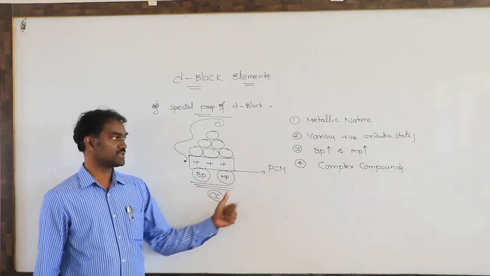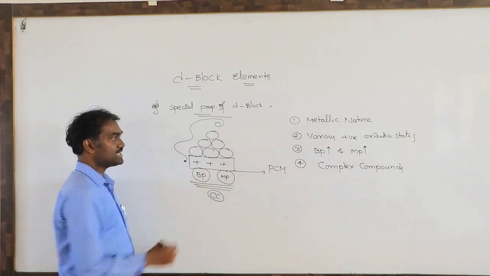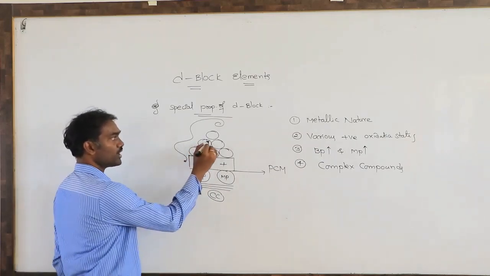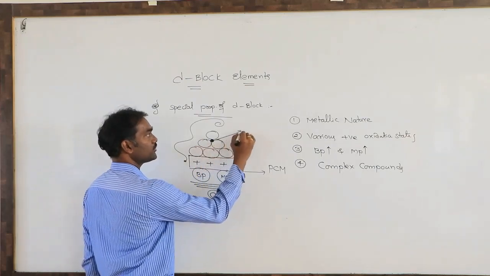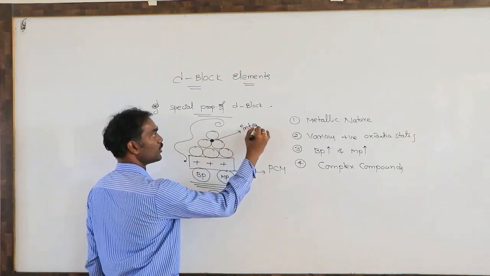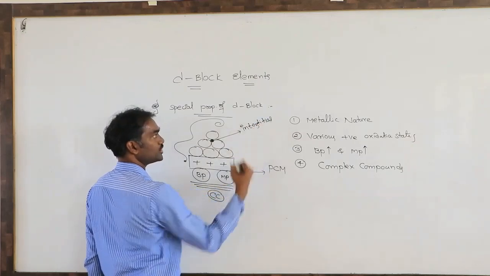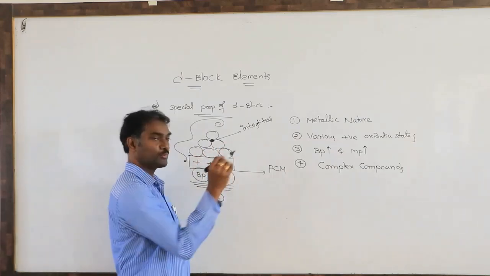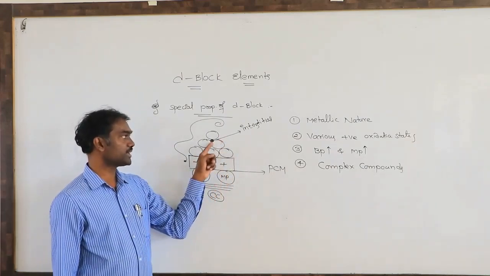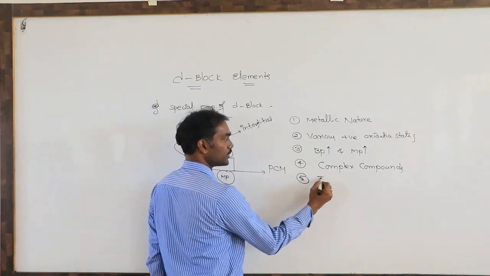CC means you can remember complex compounds. Next, when we arrange the atoms, in the middle some gap comes. That gap is called interstitial voids. Suppose anything comes and occupies this gap, that we call interstitial compounds.